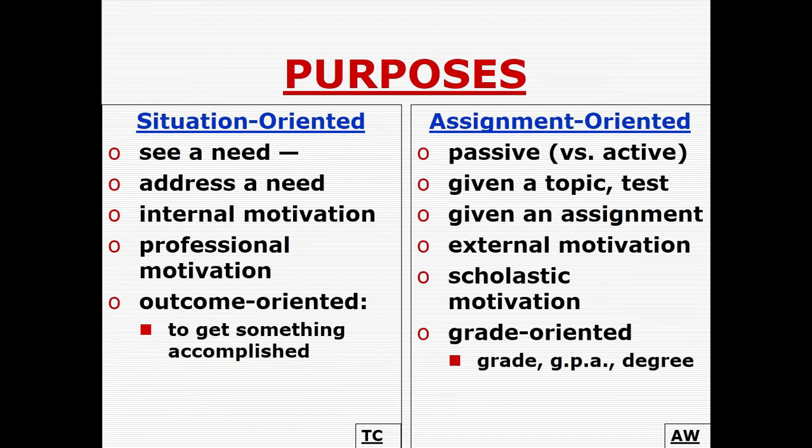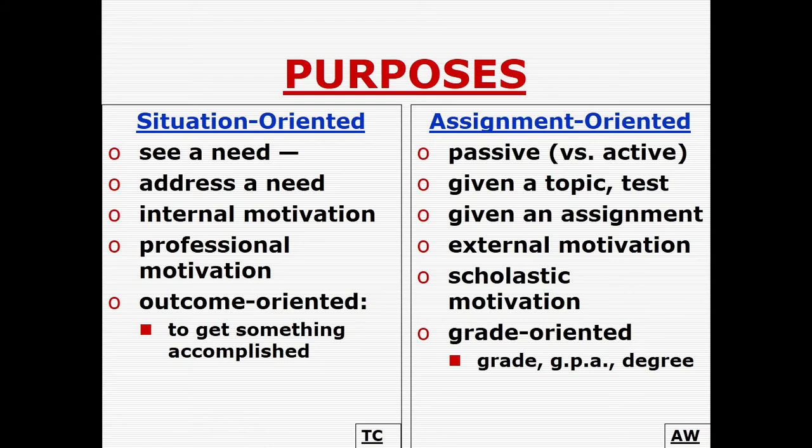Now, the purposes of technical writing and academic writing. In technical writing, the purpose is situation oriented. You will see a need, and you have to address that need. There is internal motivation and, at the same time, professional motivation. It is also outcome oriented, to get something accomplished.